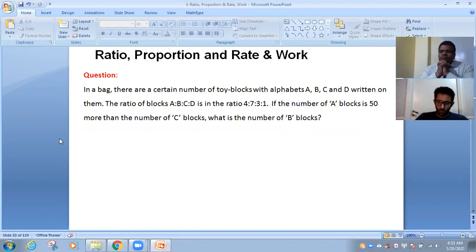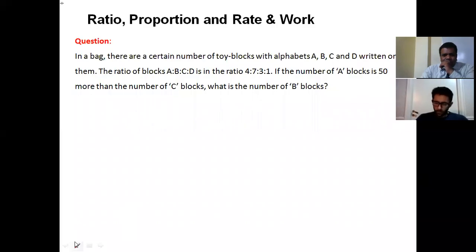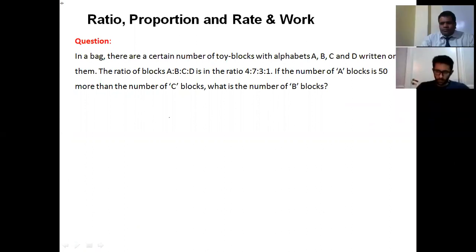Let's see your approach. So far, I've taken examples for only two or three variables for the ratio.